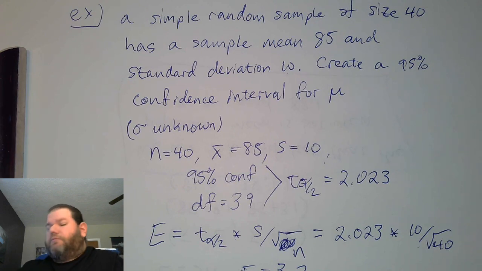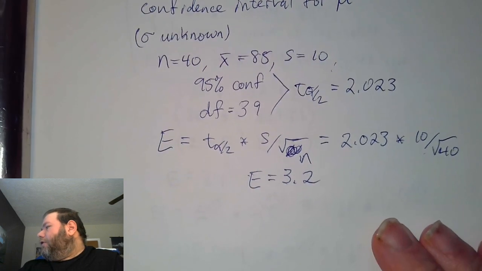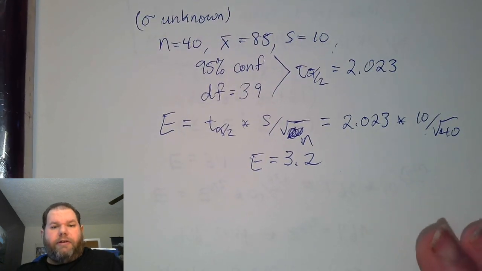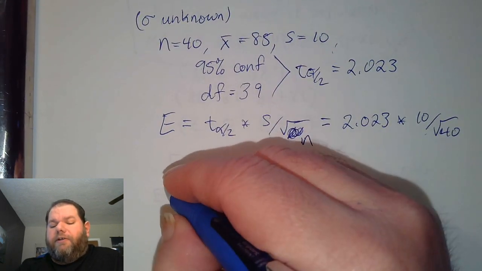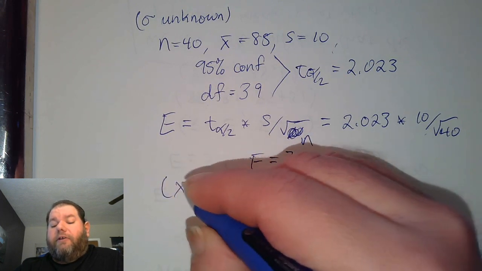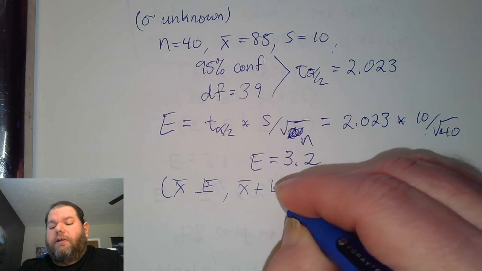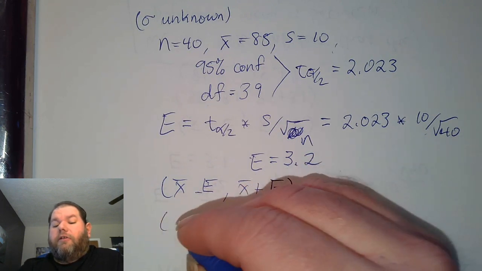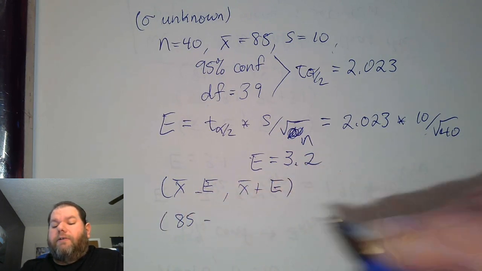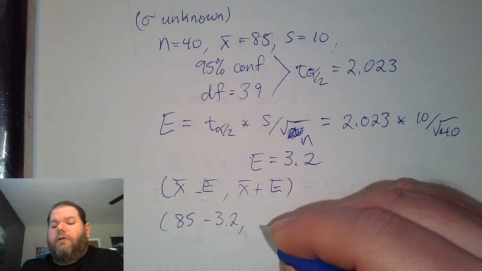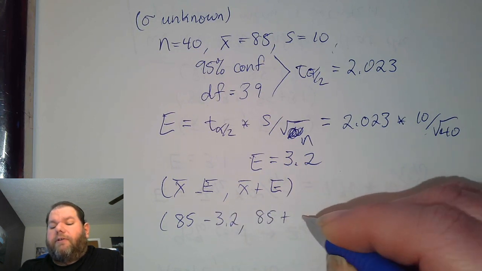Okay. Let's go ahead and create the confidence interval before we finish here. So it's still x bar minus e, x bar plus e, and so that'll be 85 minus 3.2, 85 plus 3.2.